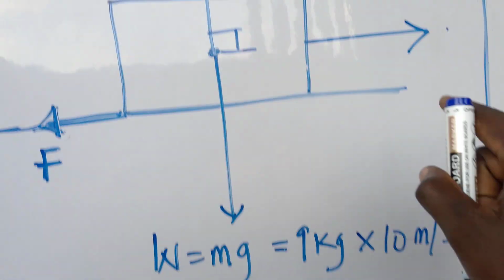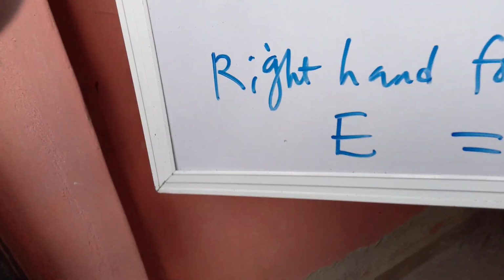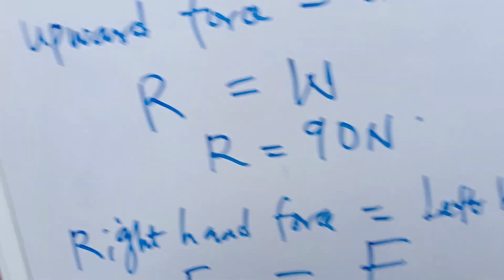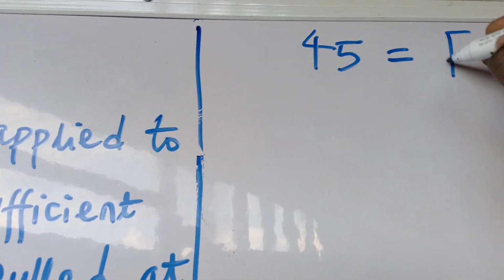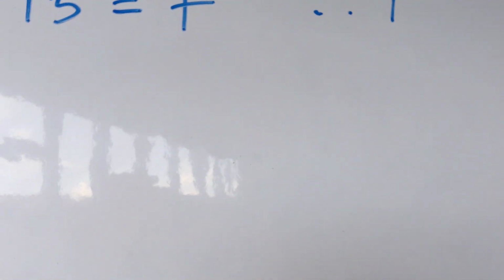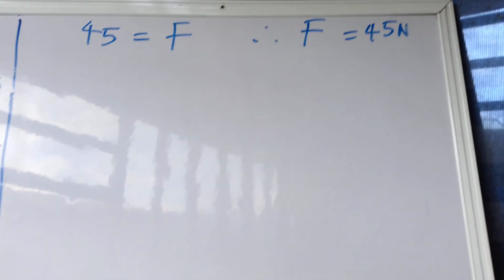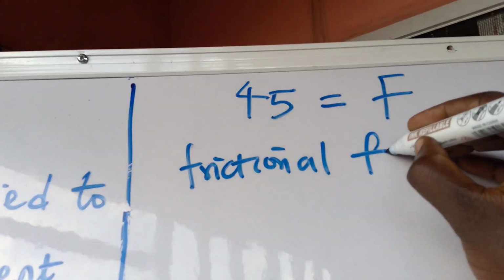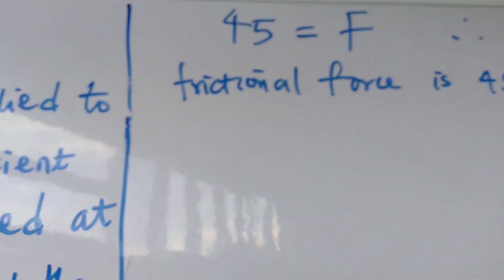My right hand force is E, and my left hand force is the friction force, F. So E will be equal to F. The value of E is 45, so 45 is equal to F. Therefore, my friction force is 45 Newton.